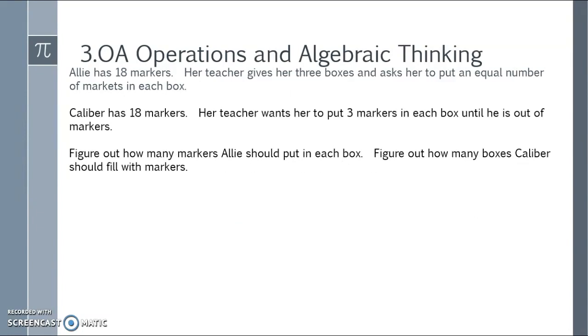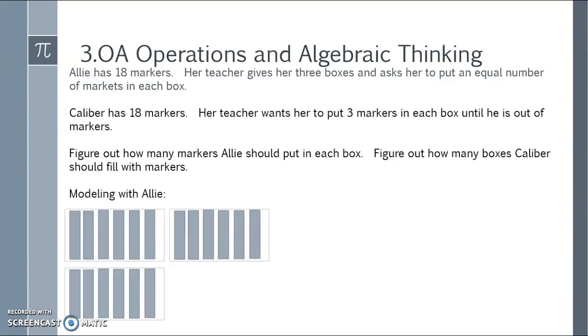Let's figure out how many markers Allie should put in each box. Figure out how many boxes Caliber should fill with markers. Let's model with Allie. We need to put an equal number of markers in each box. So I'm going to take 18 and keep sharing them until I get an equal number of markers in each box.